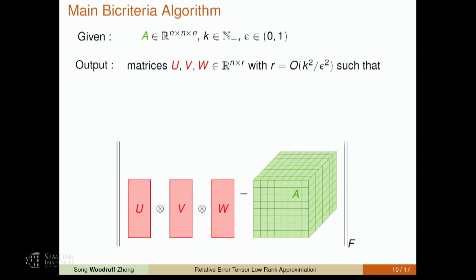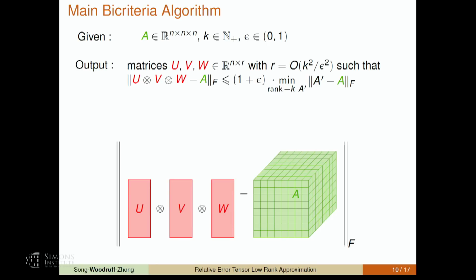Instead of outputting a rank k tensor, we're going to output a rank r tensor, where r is order k squared over epsilon squared. I'm outputting these three factors, u, v, and w, which are n by r. The guarantee is that the cost of approximating A by u cross v cross w is at most 1 plus epsilon times the best cost if I were to use an actual rank k tensor.